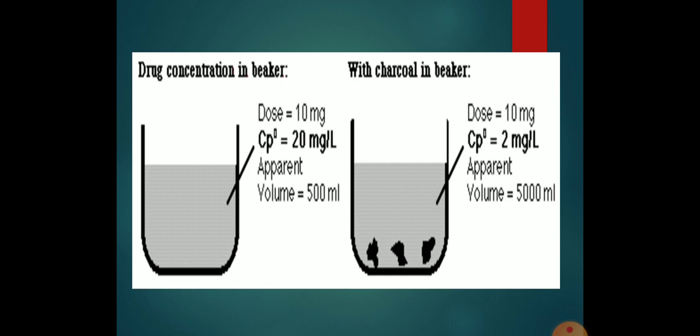Therefore, in case of poisoning, drugs with larger volume of distribution are not easily removed by hemodialysis. Only those drugs are easily removed with the help of hemodialysis that are concentrated within plasma or within the blood vessels.